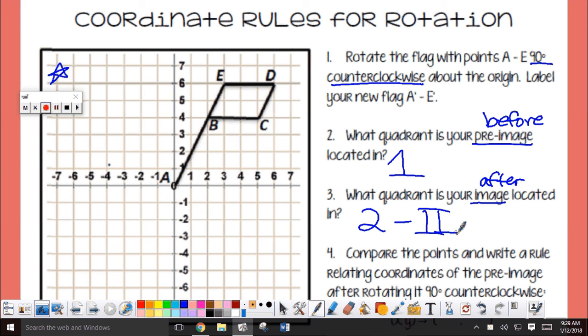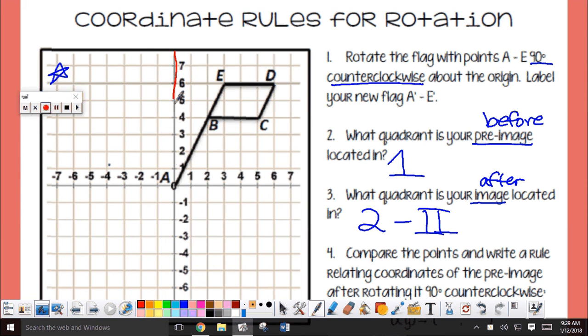Okay? Very good. So now what I want you to do is physically pick up your paper, and turn it 90 degrees counterclockwise. Remember, each corner of your paper is 90 degrees. So a 1/4 turn is going to be a 90-degree turn. Then I want you to look at the axes.